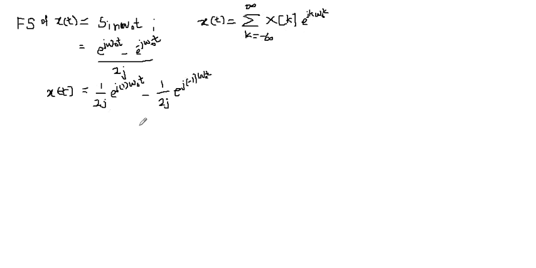By comparing, we can find that this equation is the same as that one, wherein the values of k would be 1 and minus 1. It is x of t itself, but it exists only for these values of k.